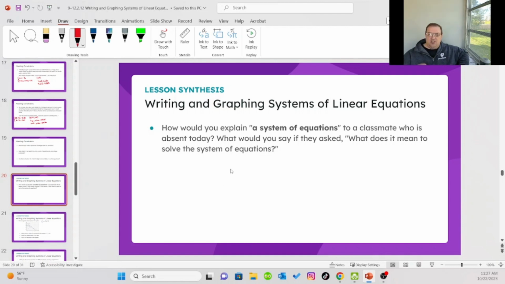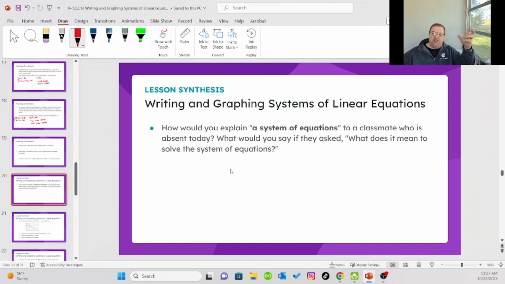So a system of equations would be two different equations that represent different items within the same situation, such as one equation representing the pounds of raisins and walnuts that were bought, while the other equation is representing the cost of the raisins and walnuts that are bought.